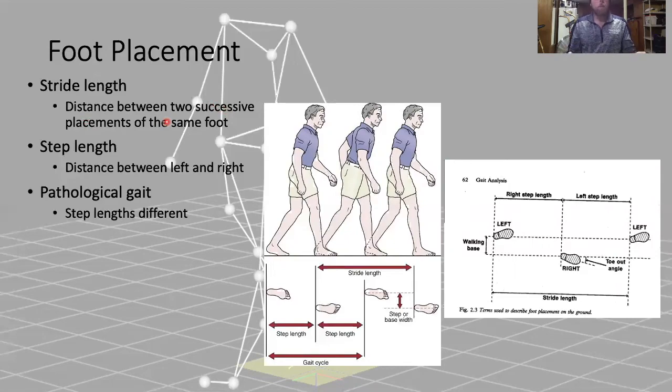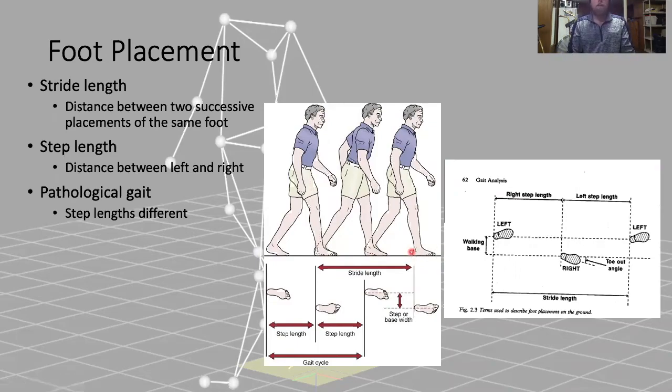So if we complete one gait cycle, then we've completed one stride. 100% of the gait cycle is one stride. So we've got heel strike, right leg, over to heel strike, right leg. That's one stride. Step length is the distance between your left and your right legs. So step length, step length, step length.